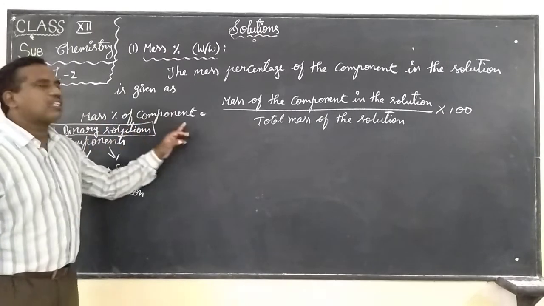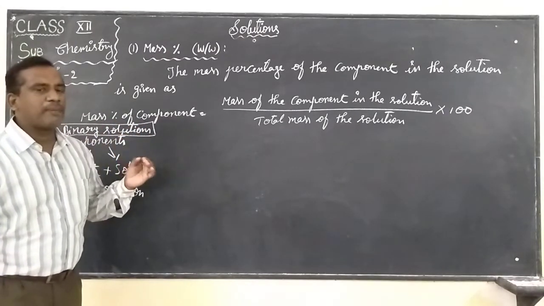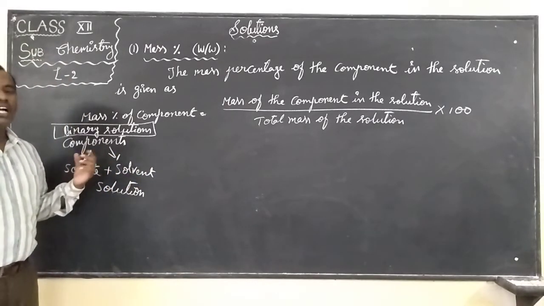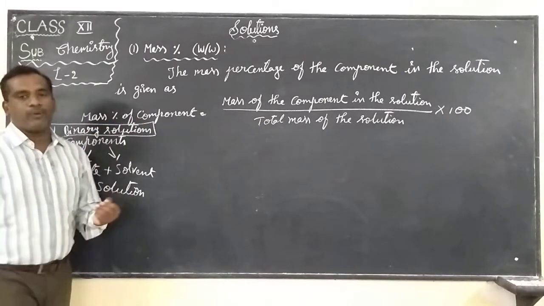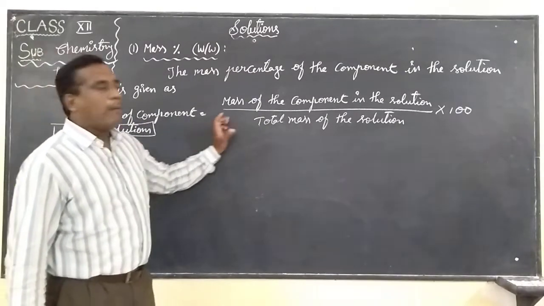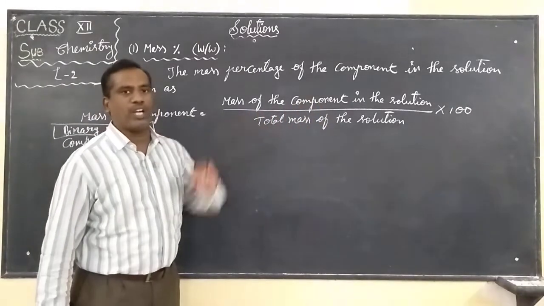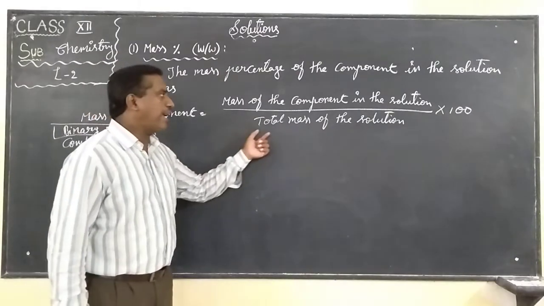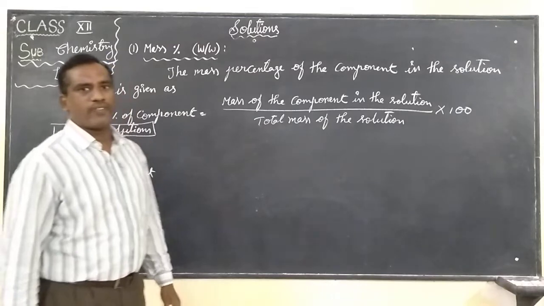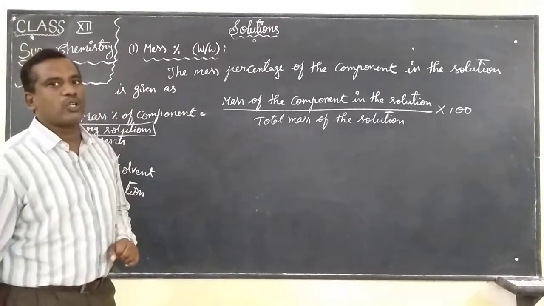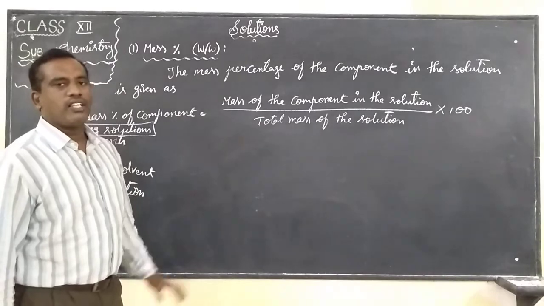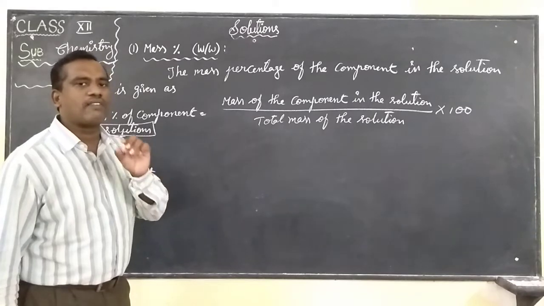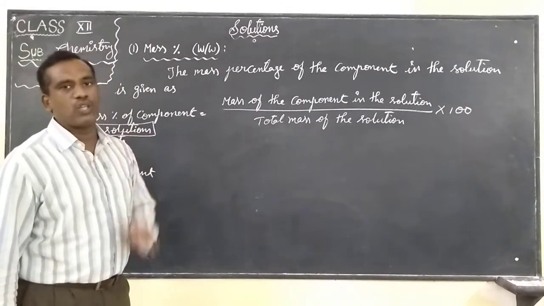The mass percentage of the component; the component may be a solute or it may be the solvent. The mass percentage of the component is equal to the mass of the component in the solution by the total mass of the solution, into 100. This is the general formula to express the mass percentage of the component present in the solution.